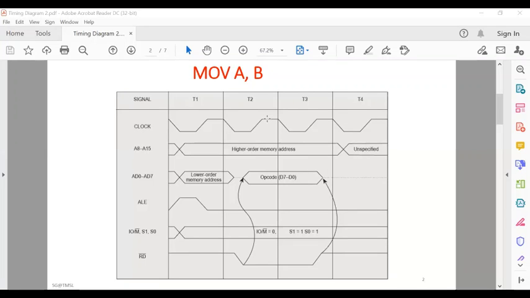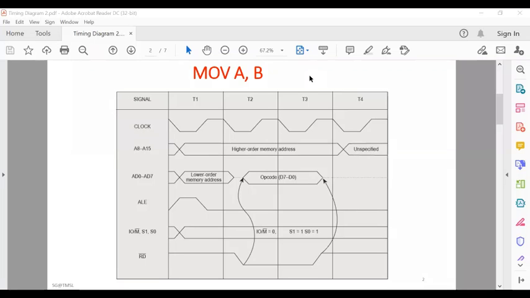Assume it is stored in the 8000 memory location. In your exam, this type of question may come: draw the timing diagram. You can write it if you have pen and paper with you. What will the question be?